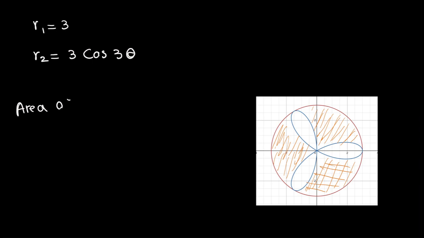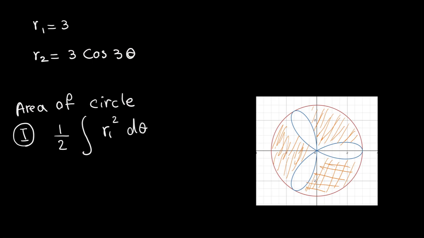Let's find the area of each of them separately, because the rose is completely inside the circle. Area of the circle is 1/2 integral of r1 square d theta from 0 to 2 pi, because the shaded area, as you see, is in all quadrants, so it's from 0 to 2 pi.